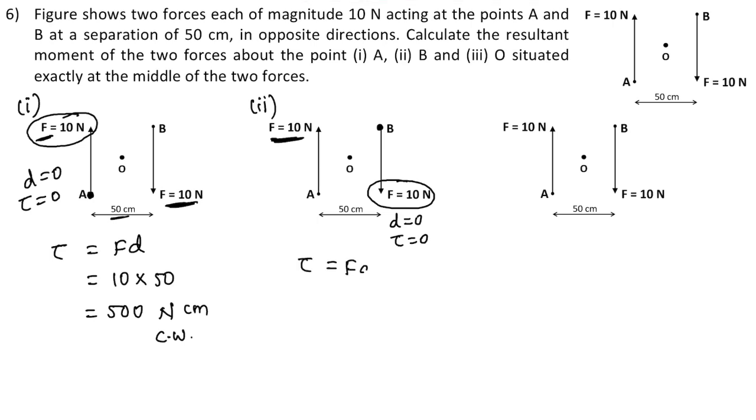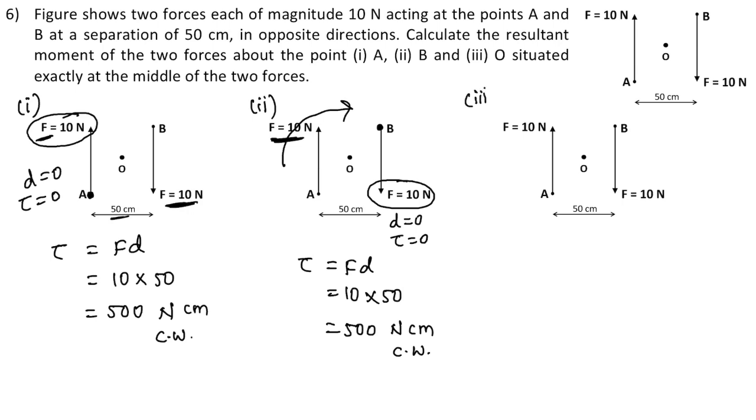So tau is equal to Fd, 10 Newton. Distance of this force from the axis of rotation is again 50 centimeter. So torque becomes 500 Newton centimeter. And what is the direction of the torque? That is clockwise. 500 Newton centimeter clockwise.